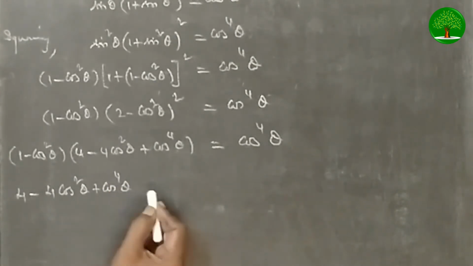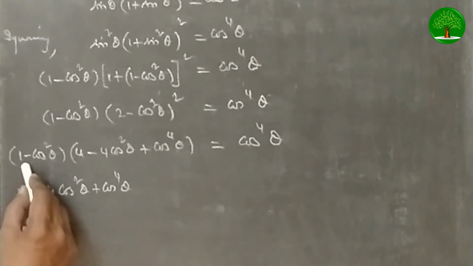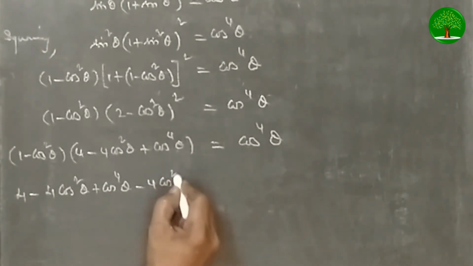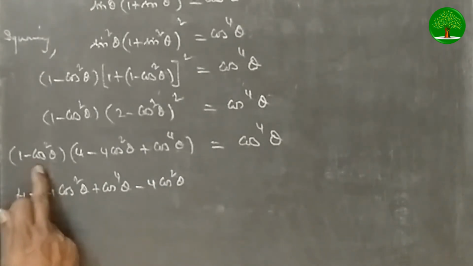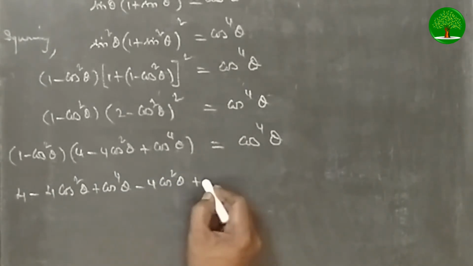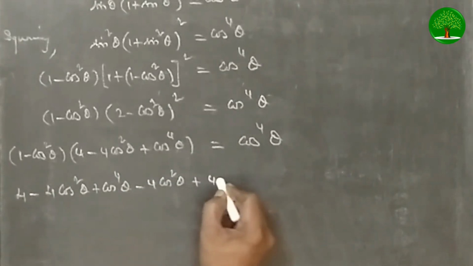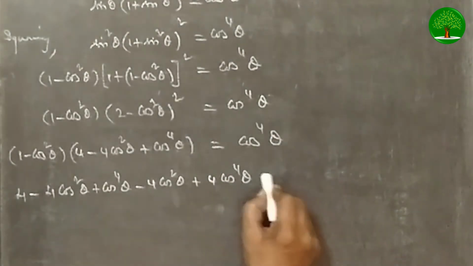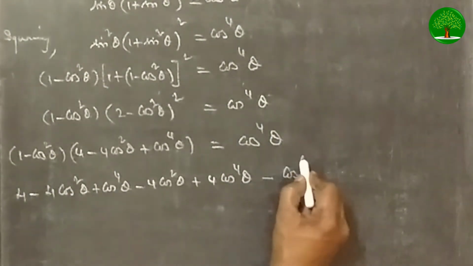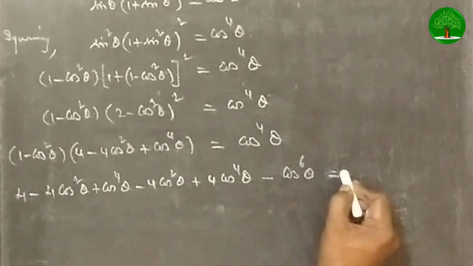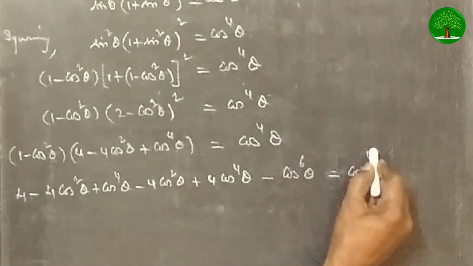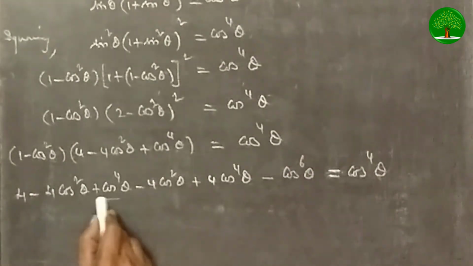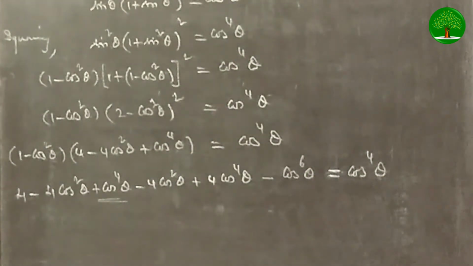Now first multiply it by 1, that is 4 minus 4 cos square theta plus cos to the power of 4 theta. Now minus 4 cos square theta plus 4 cos to the power of 4 theta minus cos to the power of 6 theta is equal to cos to the power of 4 theta. Now send this to the right hand side.